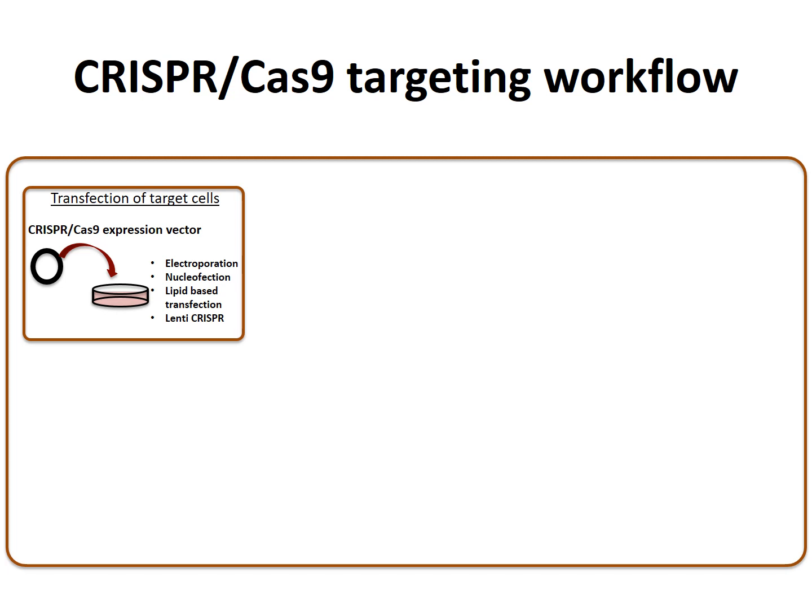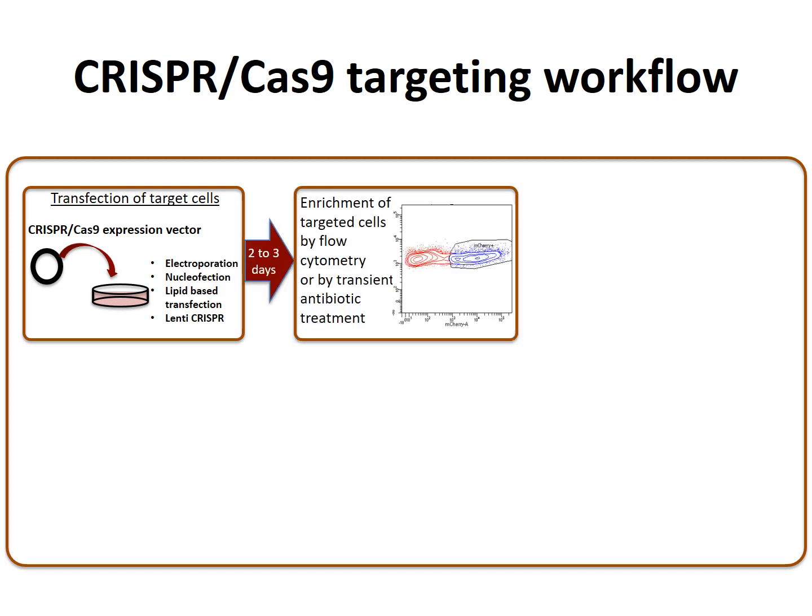And so once you have the vector, you'll want to target your cells. So we would just go through the targeting workflow. You transfect the cells with your CRISPR expression vector by the means that you want to. Wait several days, enrich the target population. You can do flow cytometry. We have Cas9s that have GFP co-expressed with the Cas9, so you can do flow cytometry for the target cells.